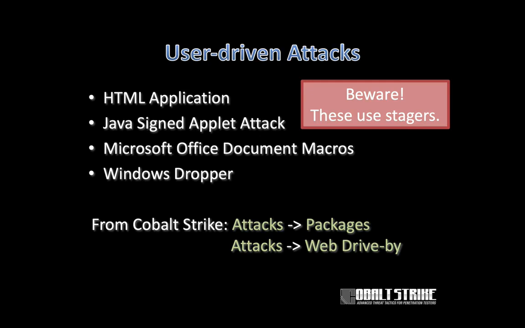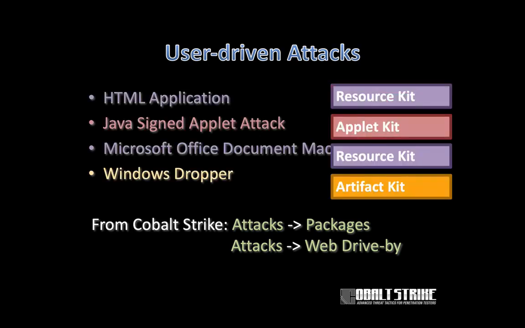You can access these features by going to Attacks, Packages or Attacks, Web Drive-By. Be aware that each of these options use stagers. Another thing I would like to point out is that user-driven attacks are not a core focus of the Cobalt Strike product anymore. These are very much a legacy capability.